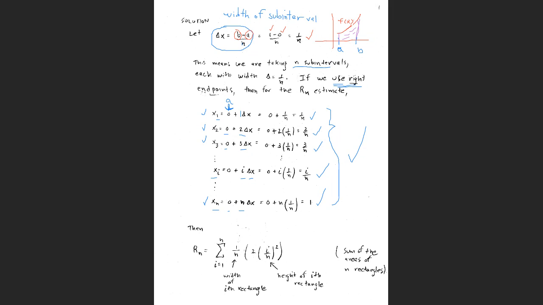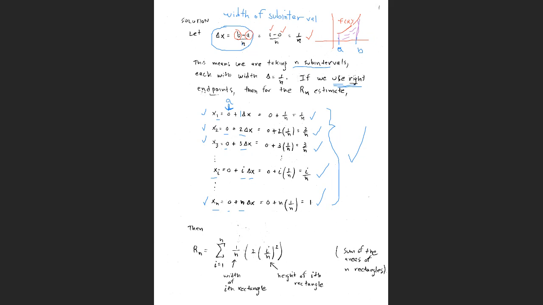X equals 0 was the value of A. X equals 1 was the value of B. So now, for instance, let's say they said find the area from x equals 2 to x equals 5. Well, in that case, 2 would be equal to A, your starting value, and 5, the ending value, would be your B. Okay, so that's how you get A and B.